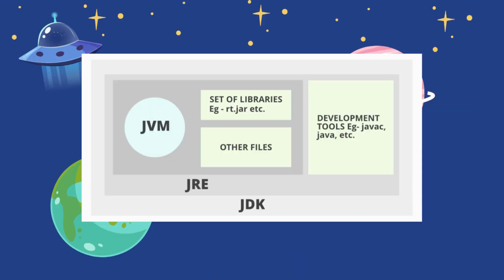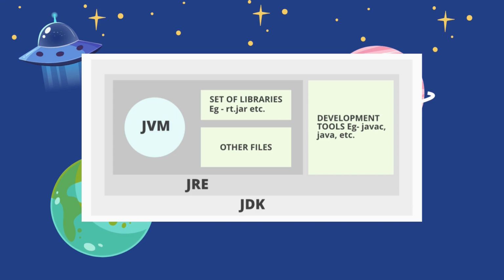Now coming back to the diagram, I hope you can understand it now. JDK is the outer layer, JRE is the inner layer. The development tools and JRE are inside JDK, and the JVM, set of libraries, and other files are included in the JRE.